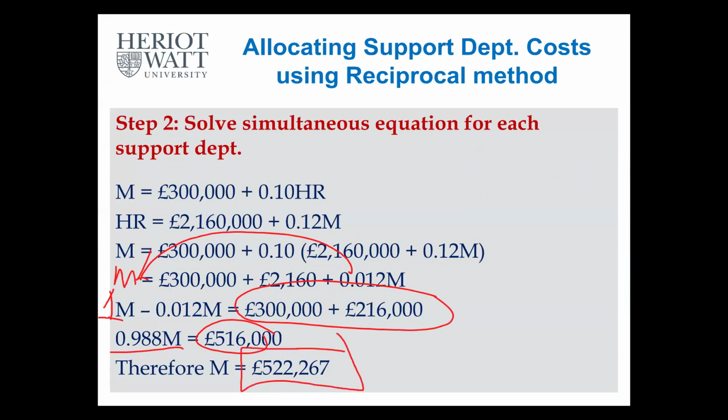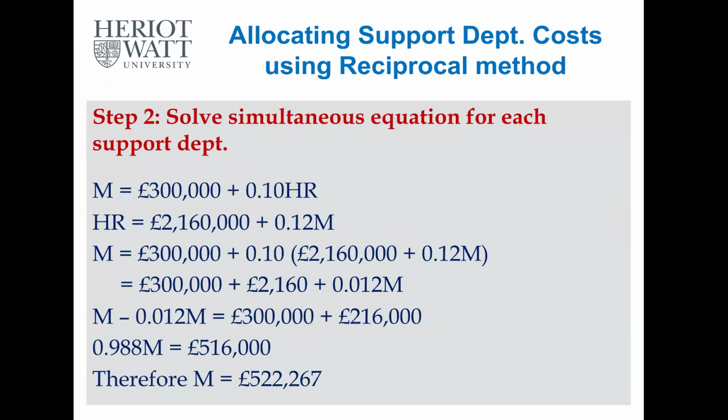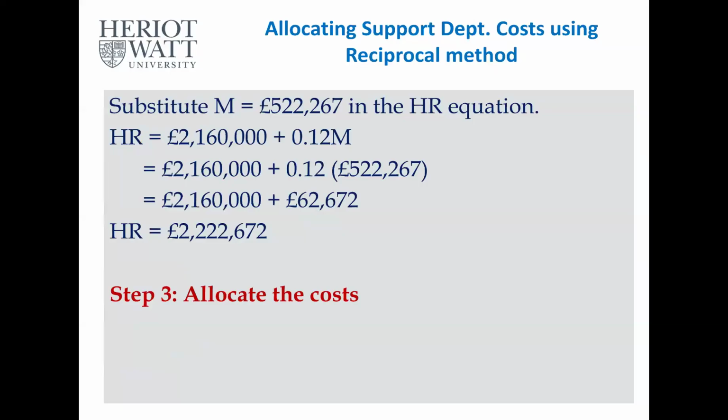This is the cost that has been allocated to the maintenance department. Then to find HR, we take the M, the 522, and just put it in. And then divide it by 0.10. And then find HR. Yeah, simultaneous equations, I know how to solve them.